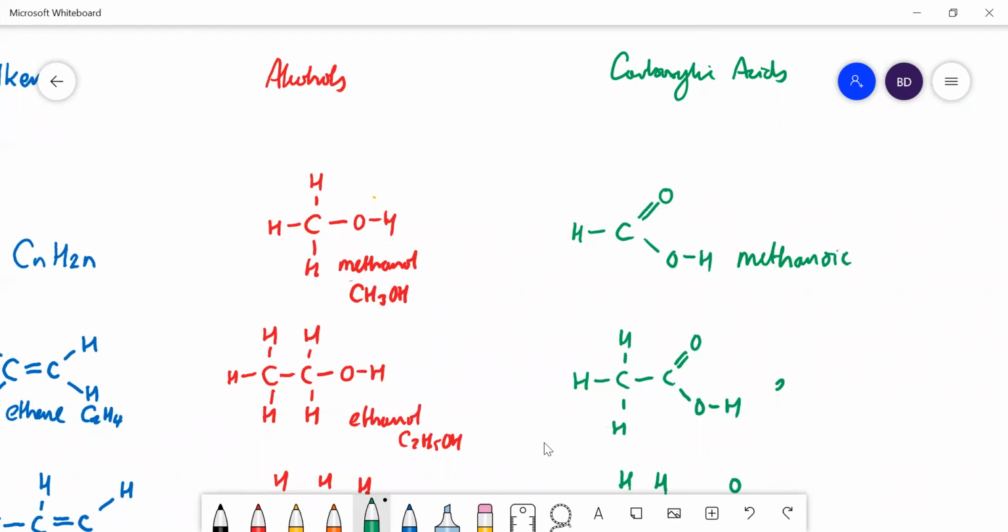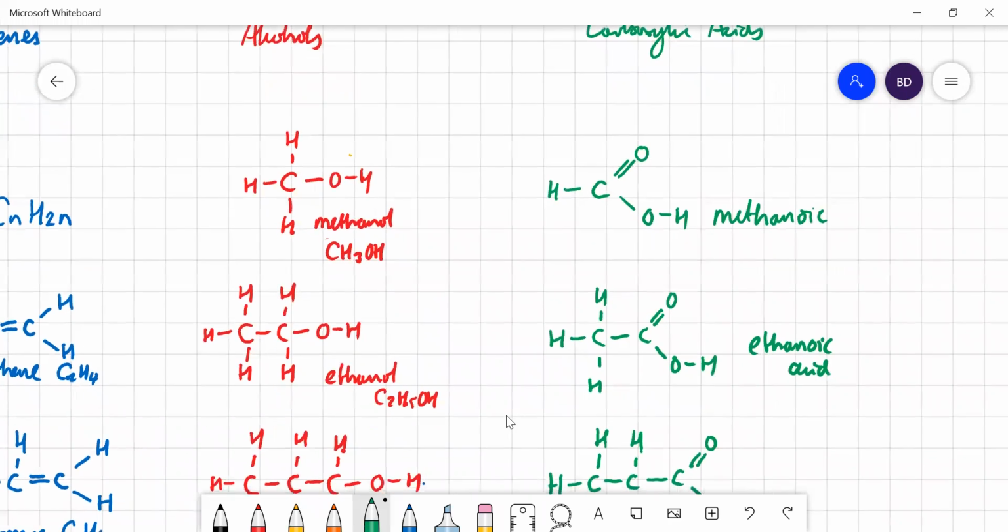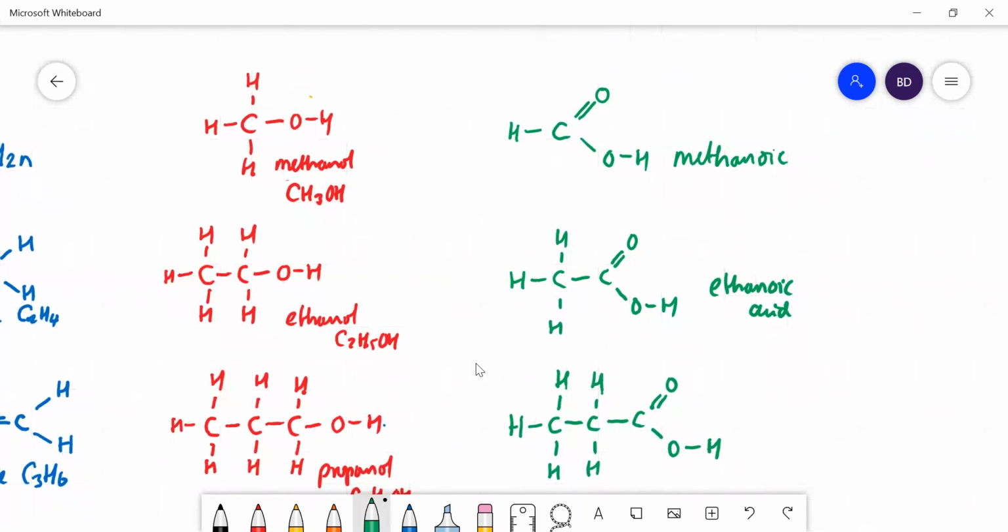This is ethanoic acid. Now you recognize the smell of that. If you ever smelt it, you'd probably say salt and vinegar crisps, or it is the stuff that makes vinegar taste like vinegar. So vinegar is a dilute solution of ethanoic acid. And then we get to propanoic acid, which smells horrible.